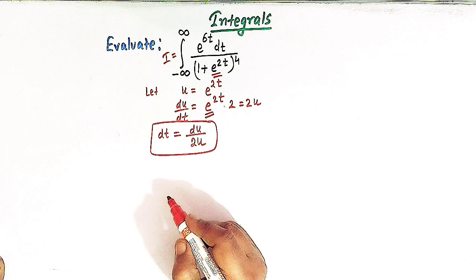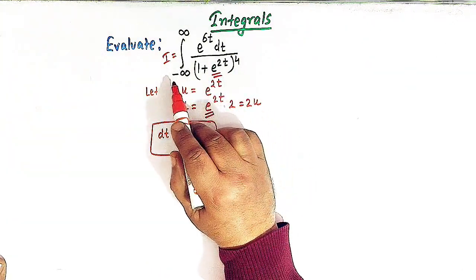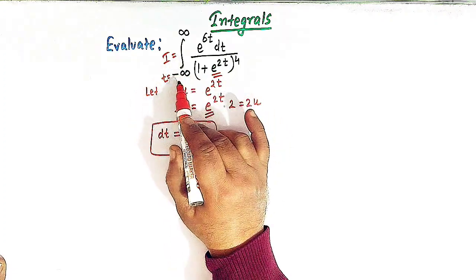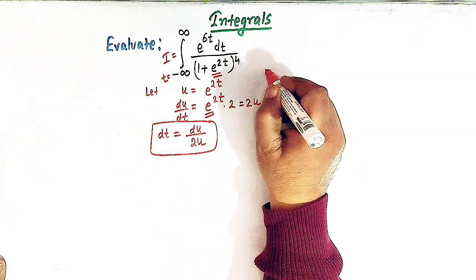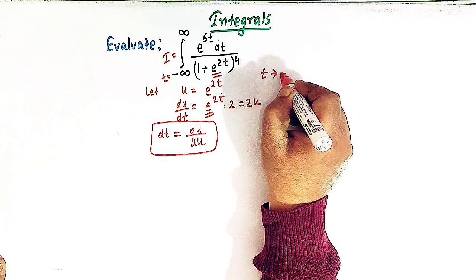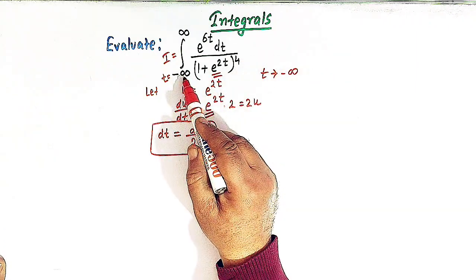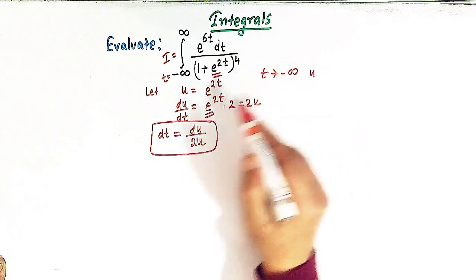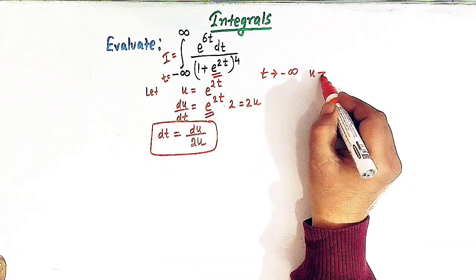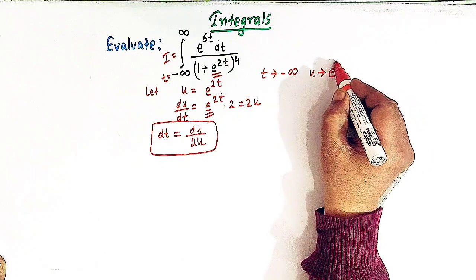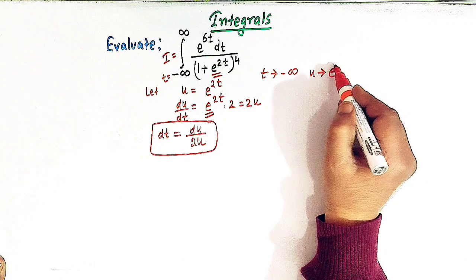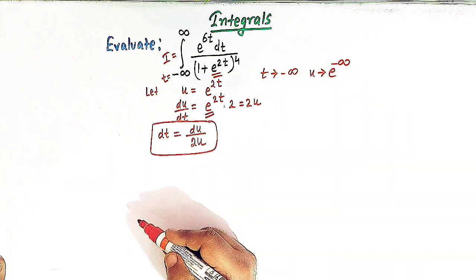Okay, so now let us change the limits accordingly. Here t varies from minus infinity to infinity, right? So when t tends to minus infinity, which is the lower limit, we have to find the value of u. So u tends to e raised to 2t, and t tends to minus infinity, so u tends to e raised to minus infinity, right?